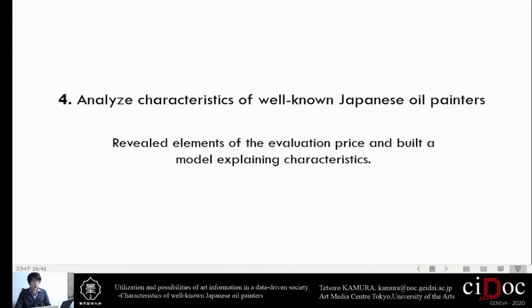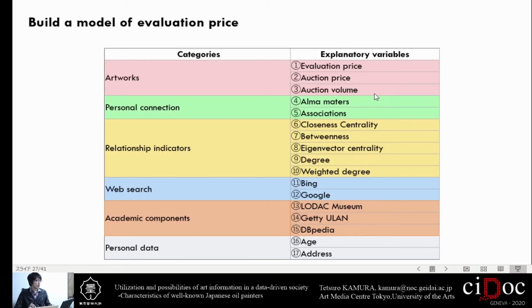In this section, we revealed elements of the evaluation price and built a model explaining its characteristics. The construction of the model used 17 variables, including the numbers obtained in the analysis. We classified the 17 variables into 6 categories: artworks, personal connections, relationship indicators, web search, academic components, and personal data.